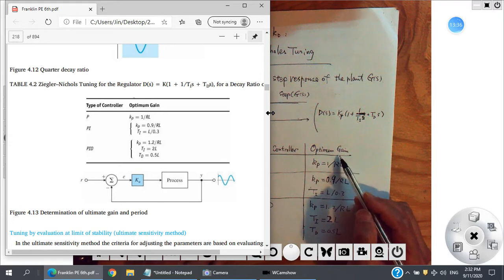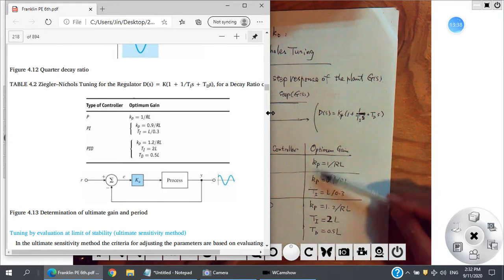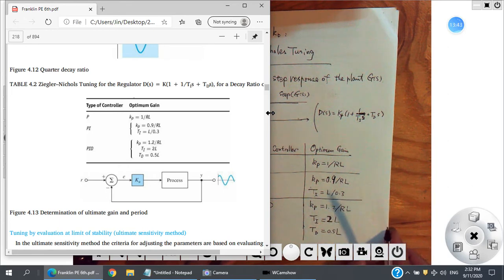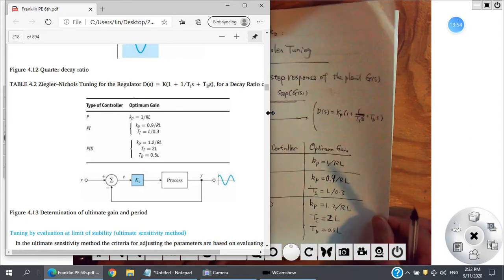In most cases, this set of parameters works fine. Maybe they are not the best, but they really work, and in a lot of cases they are almost close to the best one. Okay, so this is one way.